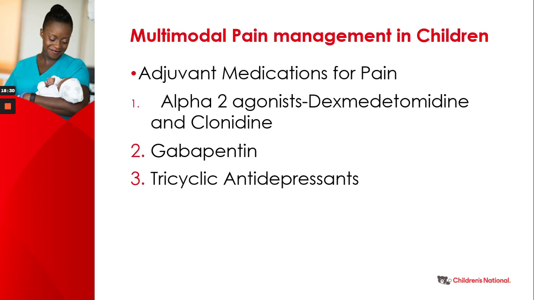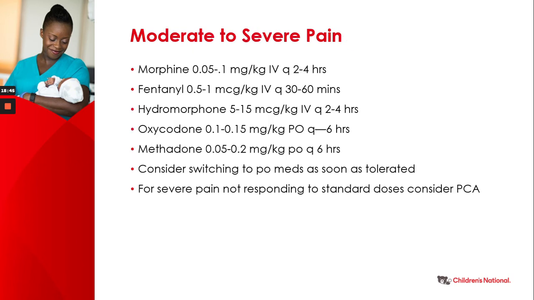In addition to ibuprofen and acetaminophen, or paracetamol, we have other agents such as dexmedetomidine, which is an alpha-2 agonist, which is also very effective for managing pain. That being said, while I try to avoid opiates if possible, many procedures still rely on opiates.